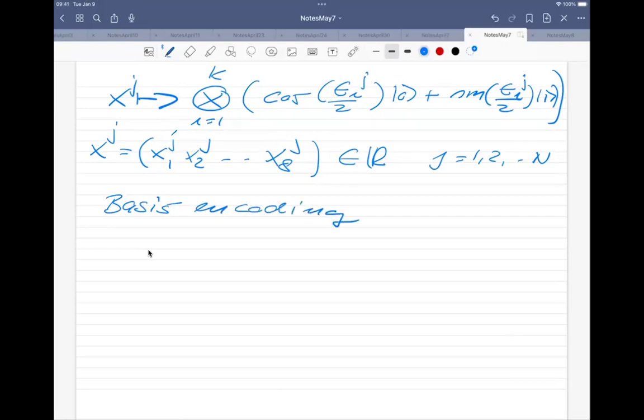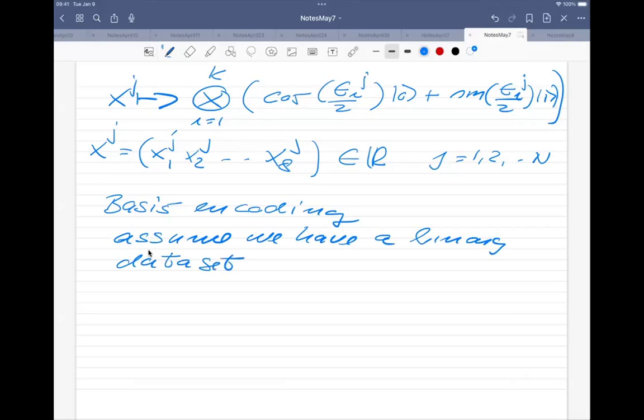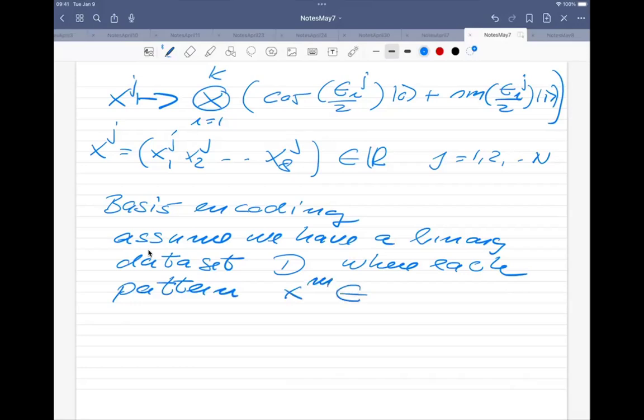So if we now have a binary data set, which we just label as D, this is particularly useful where each pattern of data points, X of M, where M is one of the data sets which we have, is an element in D and is a binary string.